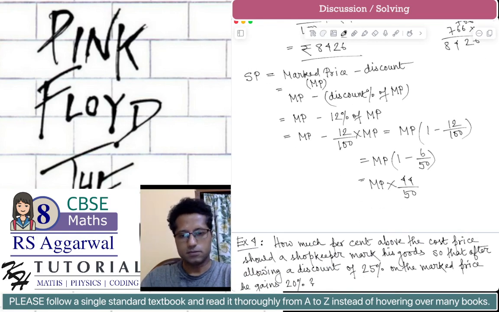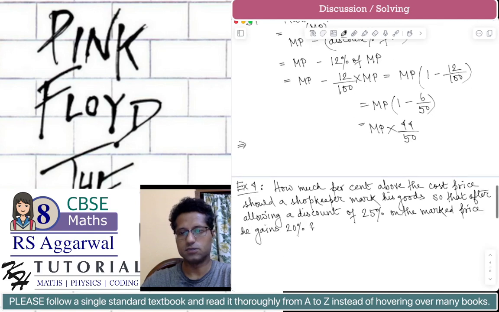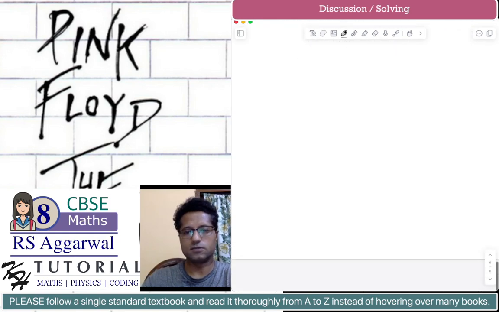So this implies, I do not have any space left. Let's see. We have already found SP to be 8426. So this implies MP multiplied by 44 by 50 is equal to 8426.